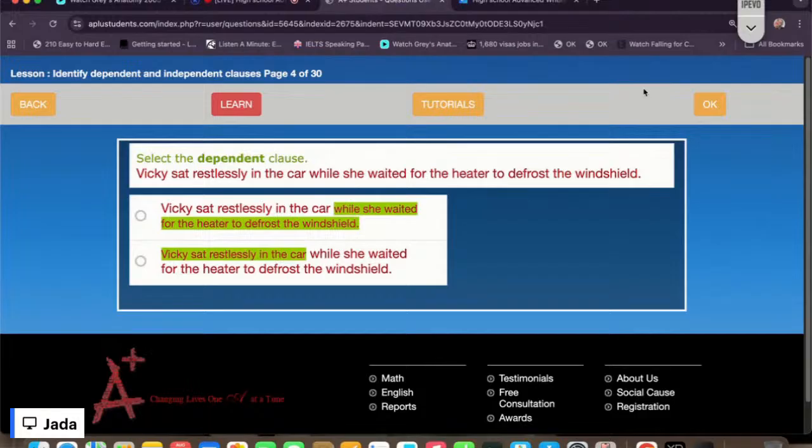Vicky sat restless in the car while she waited for the heater to defrost the windshield.